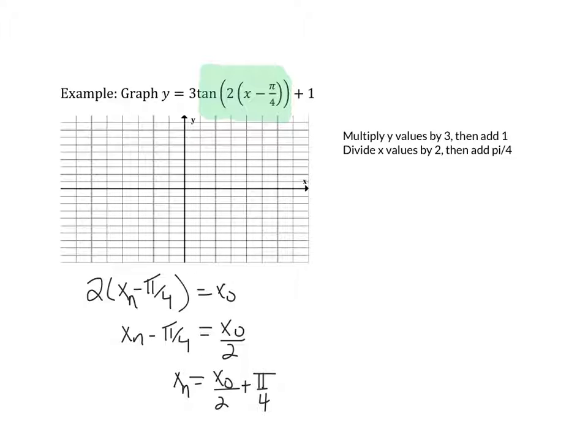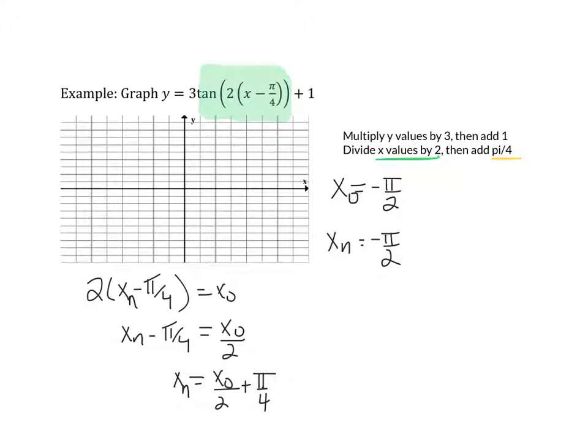So as an example, we could take our first asymptote in a fundamental period of the tangent function. X equals negative pi over 2. This is my old x. The new x that corresponds to that is, I have negative pi over 2, and I'm going to divide the x value by 2 and then add pi over 4.